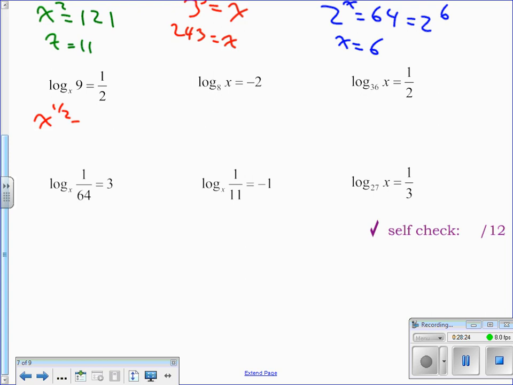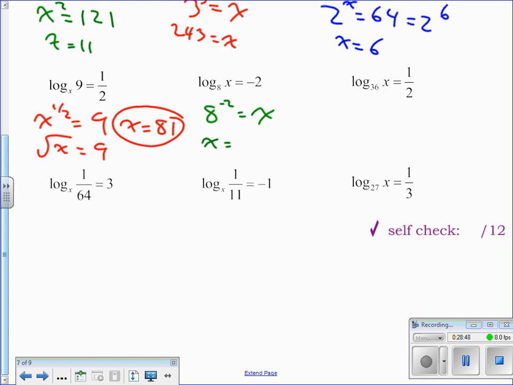X to the 1/2 is equal to 9. Remember, the 1/2 power means the square root of x is equal to 9. So square root of what? 81. Square both sides, you get x equals 81. 8 to the -2 is equal to x.